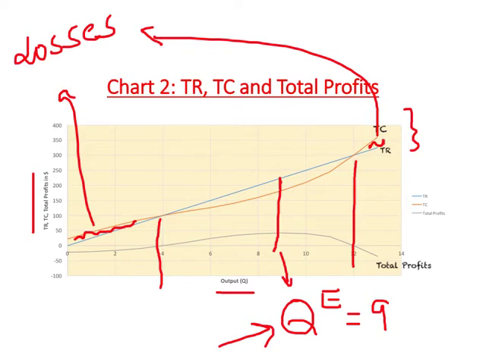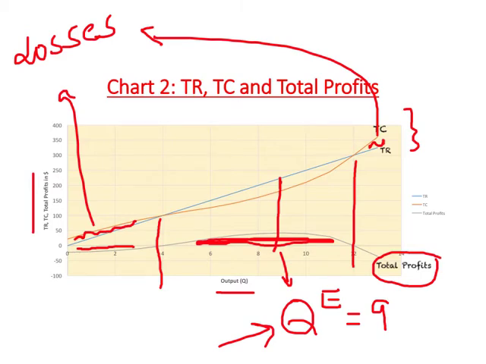We can also directly draw the total profits curve, and here you see it. Initially the firm is incurring losses, which is where total cost exceeds total revenue. Then you find this zone where total revenue is greater than total cost, so the firm is actually making profits.